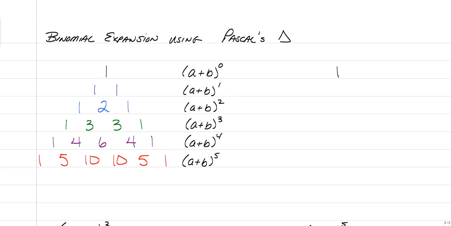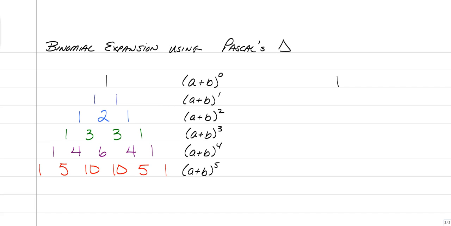And what you do is you just use Pascal's triangle to do that. So a plus b, and you have a 1 and a 1. That just means you have 1a plus 1b. Notice this has no b's, this has no a's.